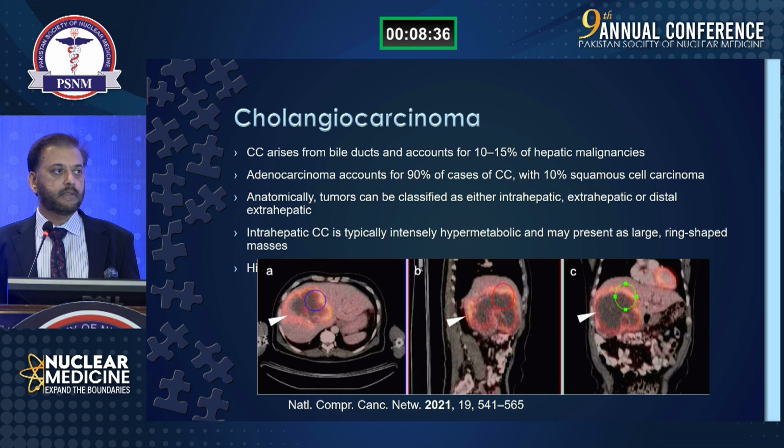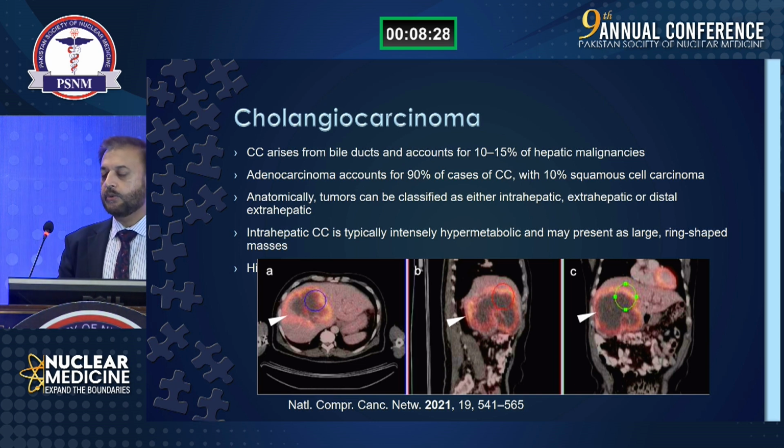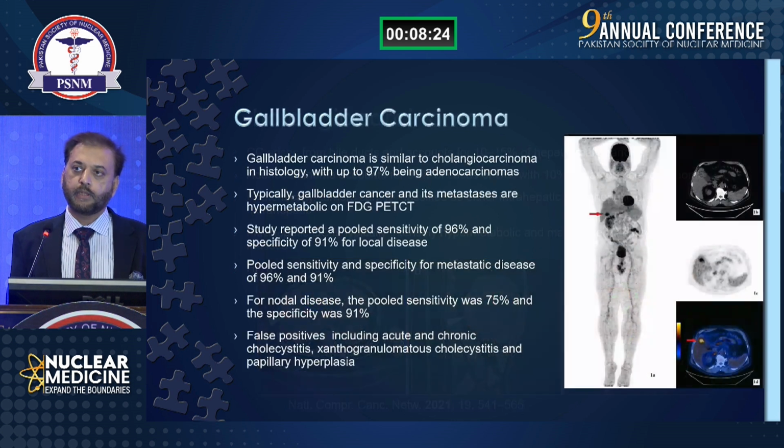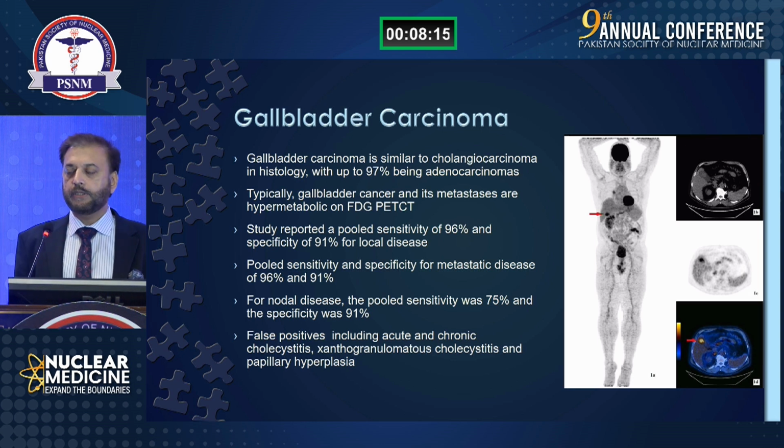Cholangiocarcinoma, on the other hand, is a tumor which arises from the biliary tract. It's mostly adenocarcinoma and it shows high avidity, but there is a lack of evidence in the literature to support the routine use of FDG PET CT in cholangiocarcinoma. Similarly, gallbladder carcinoma is also in more than 90% of cases adenocarcinoma, and it also shows very high FDG avidity.